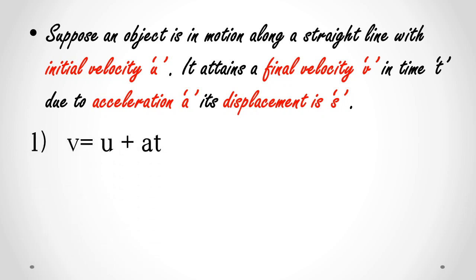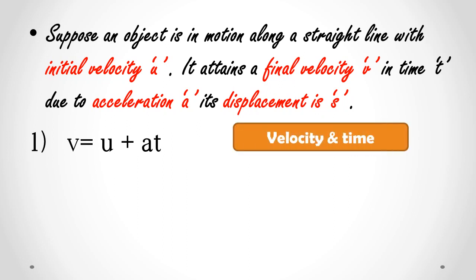Alright, so the first equation of motion is v equals u plus at, where v is the final velocity, u is the initial velocity, a is nothing but acceleration, t is the given time. So this is the relation between velocity and time.